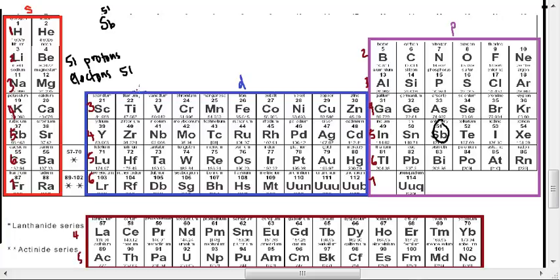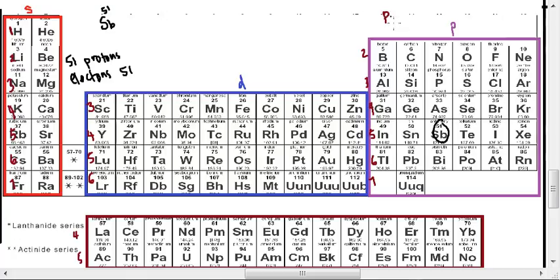So here's how you do the electron configuration for something hard like antimony. One of the best ways is to work your way backwards. You would say, okay, where is antimony? It's in the P block, so I know it's going to have a P over here.